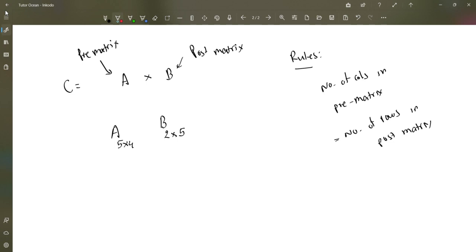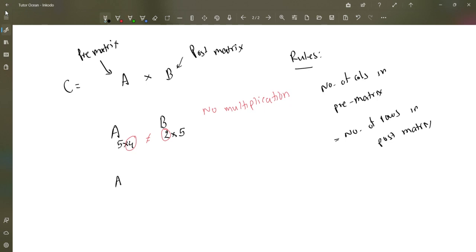The number of columns in the pre-matrix is 4, and the number of rows in the post-matrix is 2. These two numbers are not equal, so no multiplication. You can try, but it's not possible.